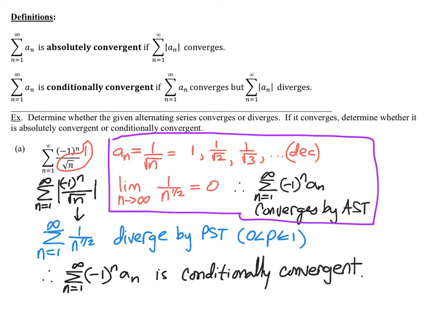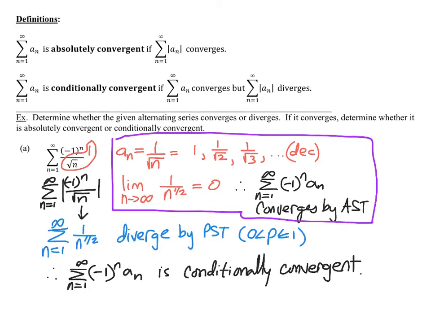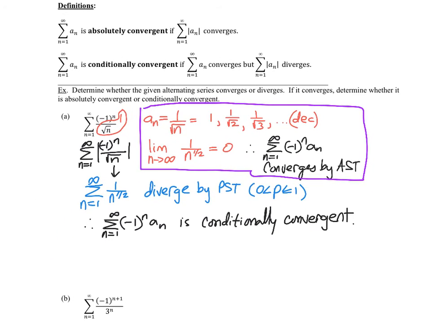If it's convergent but then divergent for the absolute value, then it's conditional. If the original alternating series is divergent, then that's the end of it. No more work after that. Right. So the second example is very much like the first one. So I'll put a beefy star on that bad boy.